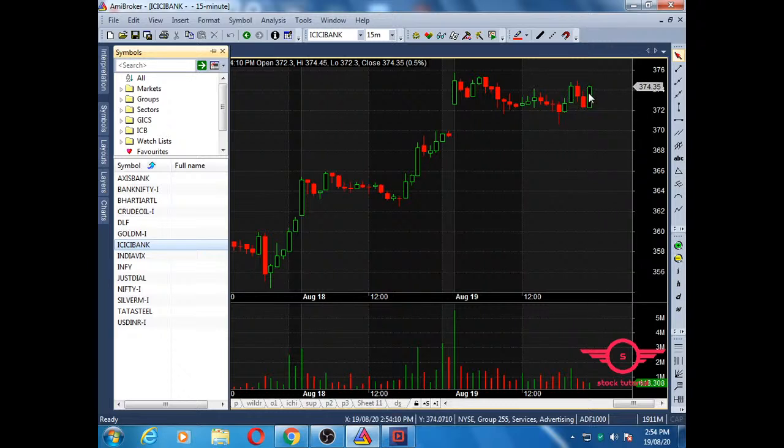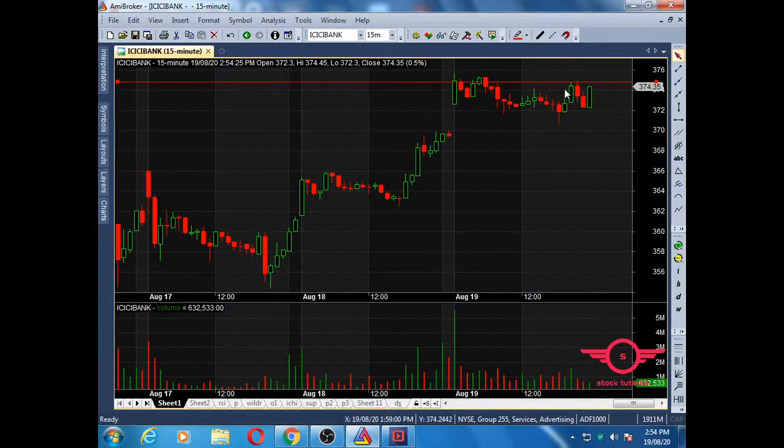Here, just check how much it can go. This candle, here is 374.